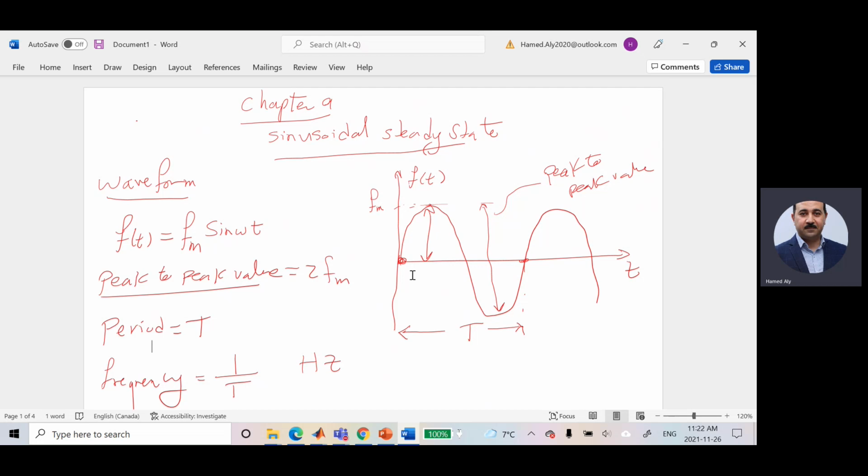Because I converted my capacitor from time domain to phasor domain to cancel the integral, to cancel the derivative. At that time, I am going to deal with polynomial equations only. But the problem is that I am going to see complex numbers, real and imaginary, polar format or rectangular format.